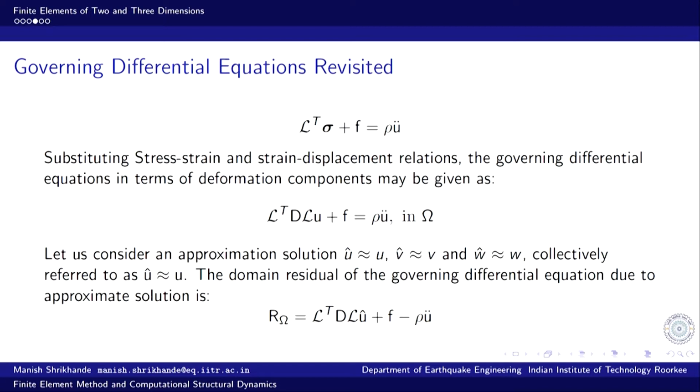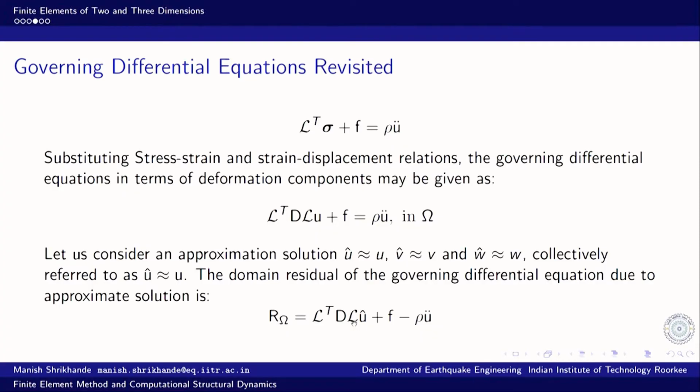Now you may find the equivalence with the way we developed the finite element formulation for the one-dimensional problem. The whole idea was to find out the error in the approximation. If we are looking for an approximate solution, there will be some error in the governing differential equation, error in the solution, and that error or residual within the domain is to be minimized to get a good quality solution, and that is what we are trying to do here.